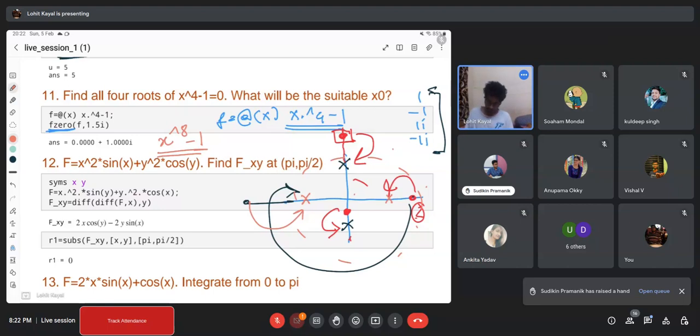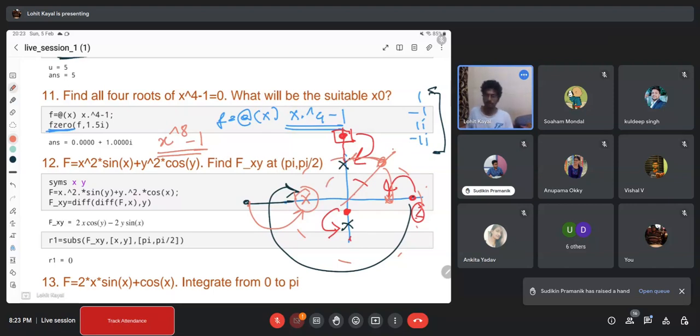So the take home message is only one root at a time, and which root you get will depend on your initial guess. You can take some initial guess over here and it will go to some point over here. I haven't checked that so far, but you can play with it.